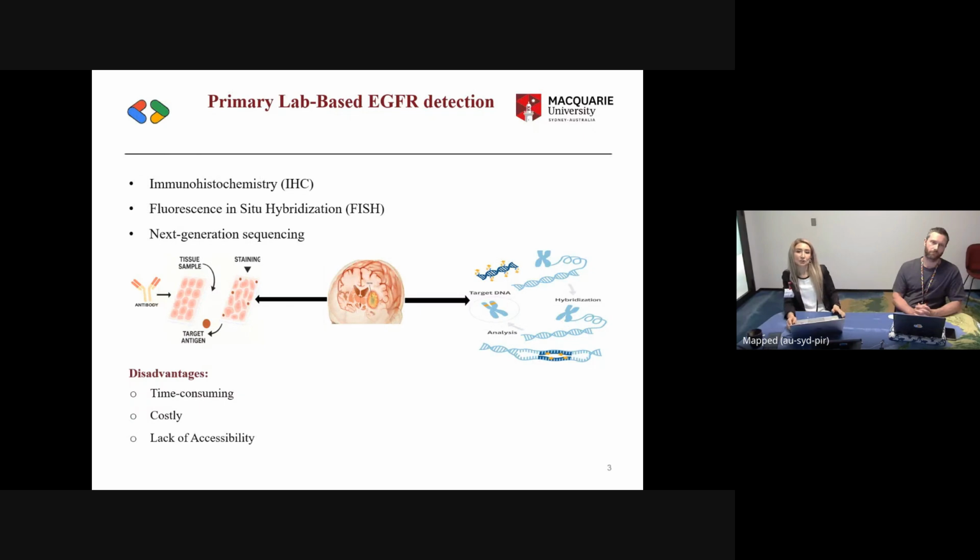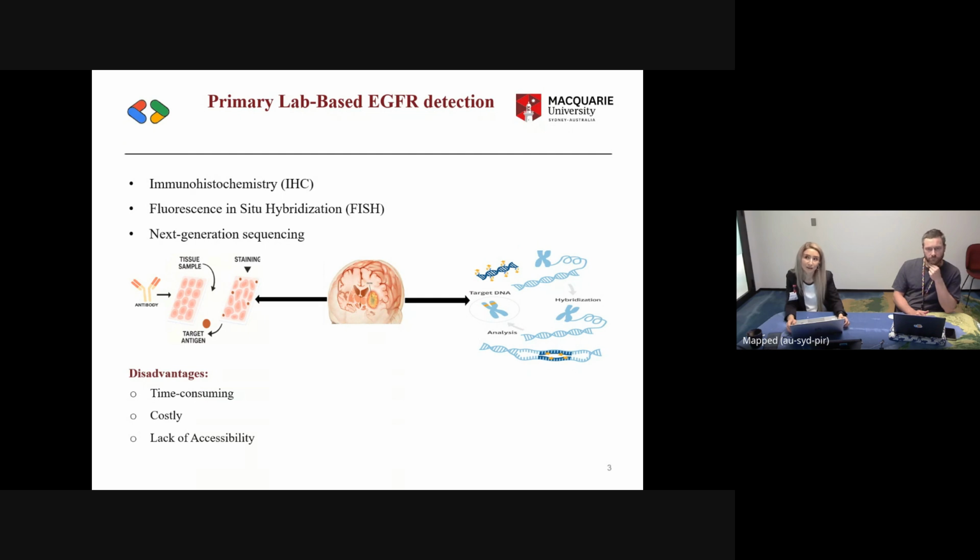Primary lab-based EGFR detections are IHC, FISH, and next-generation sequencing. However, they have some disadvantages because they need very advanced labs and experts, so they are really costly. And because of these costly labs, they are not available everywhere, so they have a lack of accessibility.